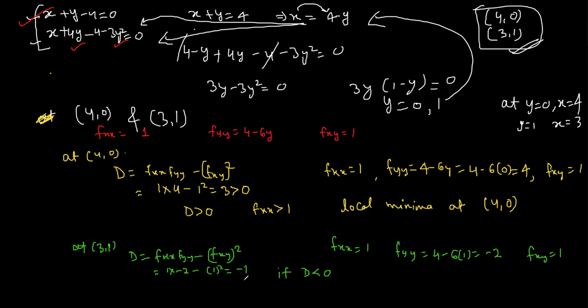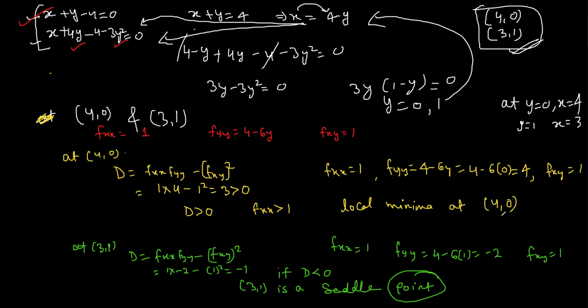Understood? Is it clear? Yes. (3, 1) is a saddle point. Why a saddle point? For minima and maxima, D must be positive. If D is negative, no need to check whether fxx is negative or positive, because I already wrote that if D is negative, it will give a saddle point. Understood?